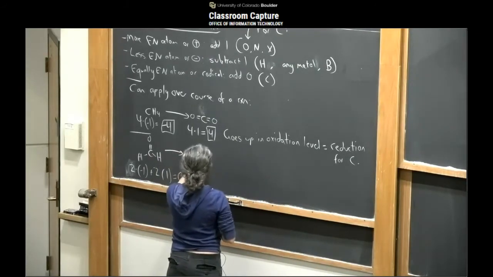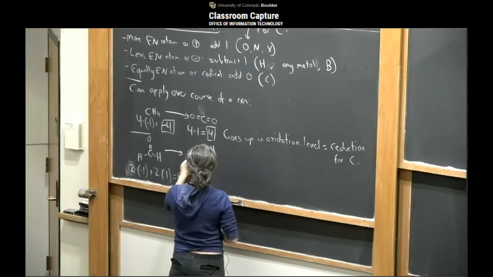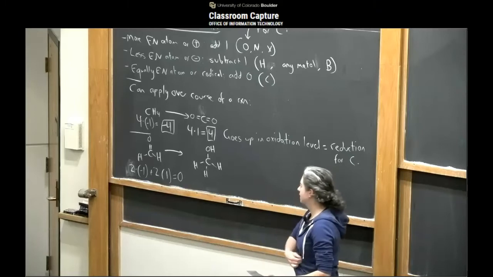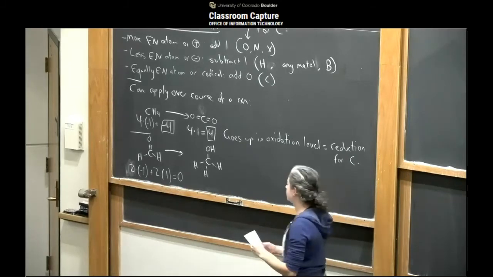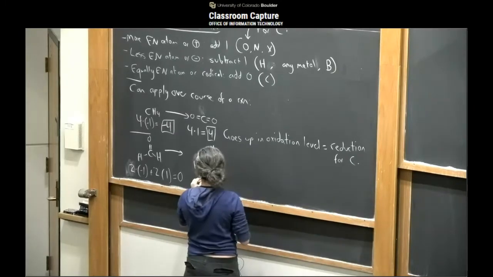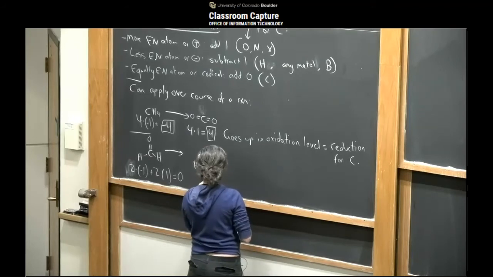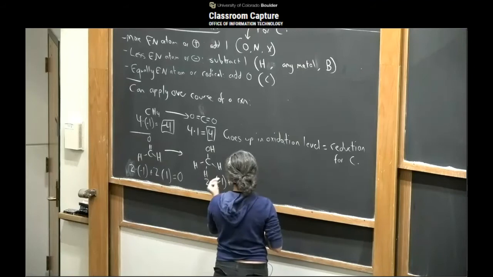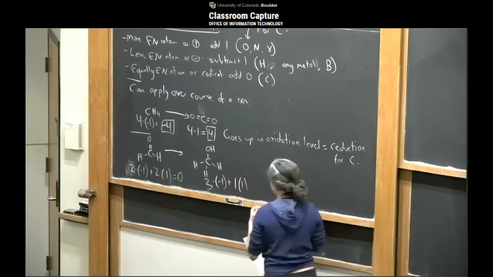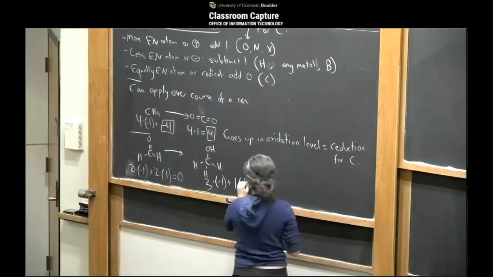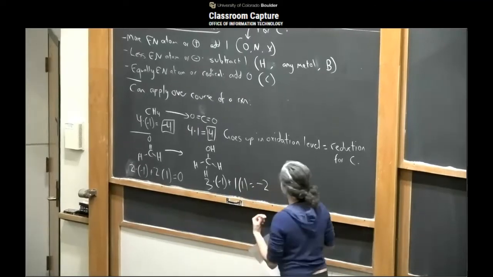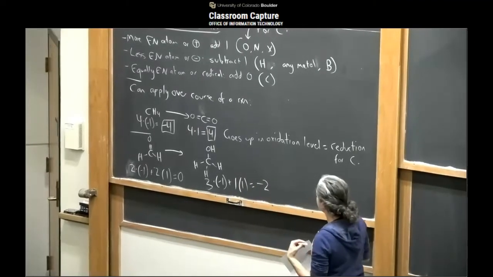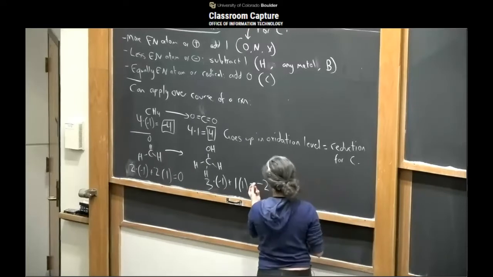If we do whatever mystery reaction that converts it to, say, methanol here, that's going to give us 3 times -1 plus 1 times +1 for the oxygen that's still on there, or -2 overall. So this one is going down.